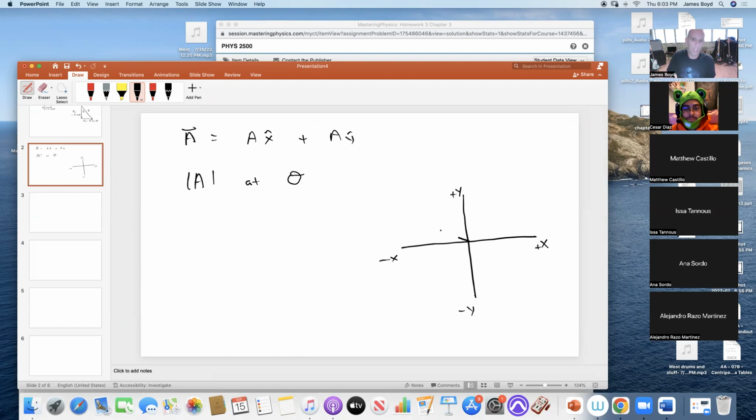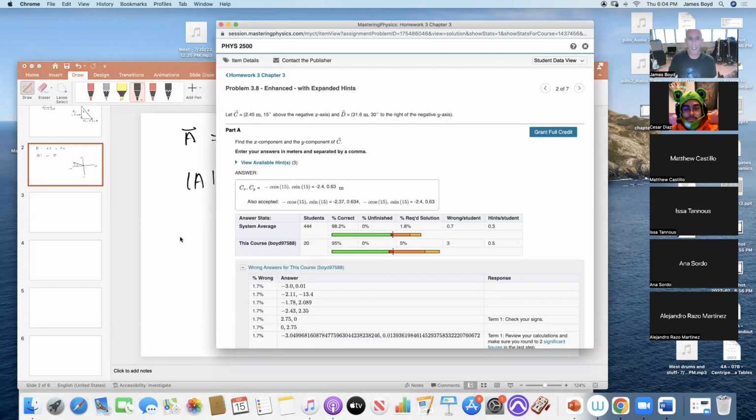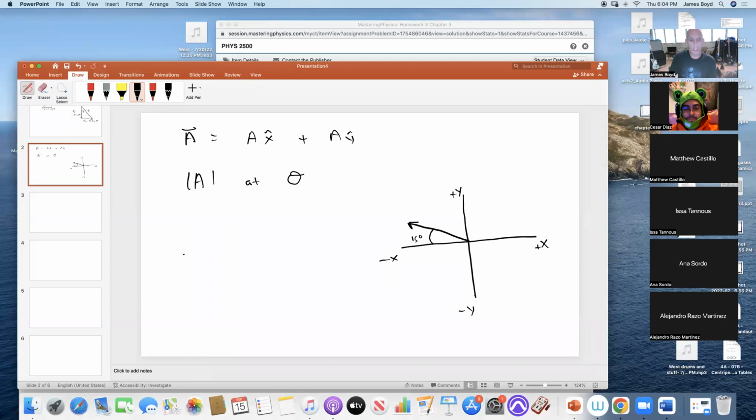They're saying this vector points 15 degrees above the negative x-axis. C is given as a magnitude at some angle. Magnitude of C times cosine of this angle is our Cx, and magnitude of C times sine of this angle is Cy.